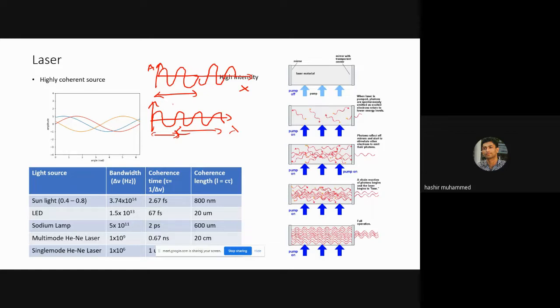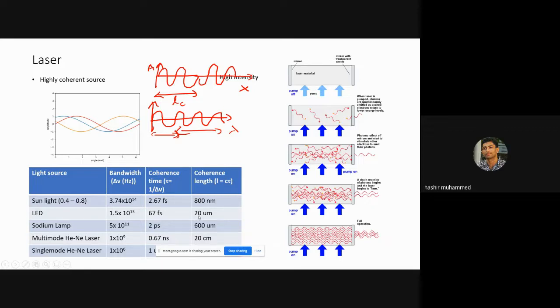This coherence length is very high for a laser. If you take sunlight, at 800 nanometers itself, the frequency becomes expanded or compressed, or it is completely problematic. And if you take an LED, the coherence length is also not that long.